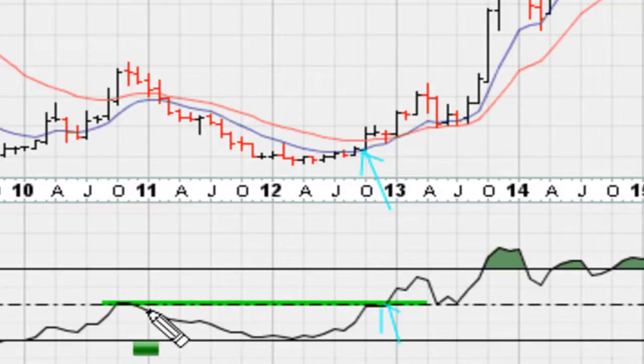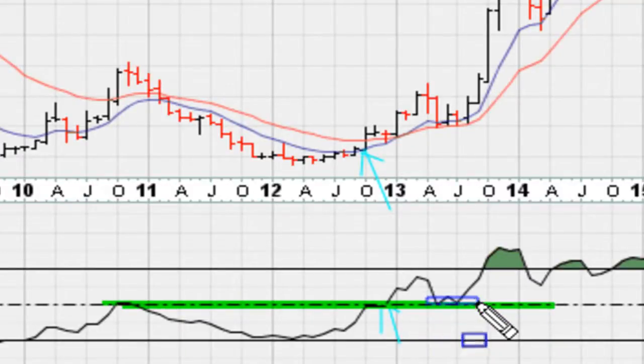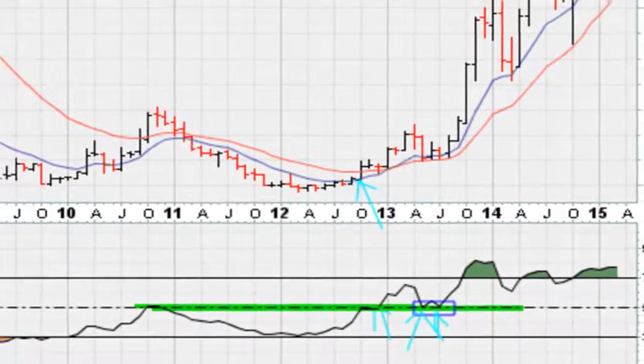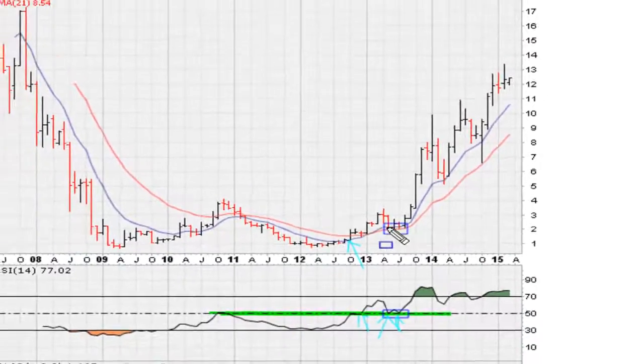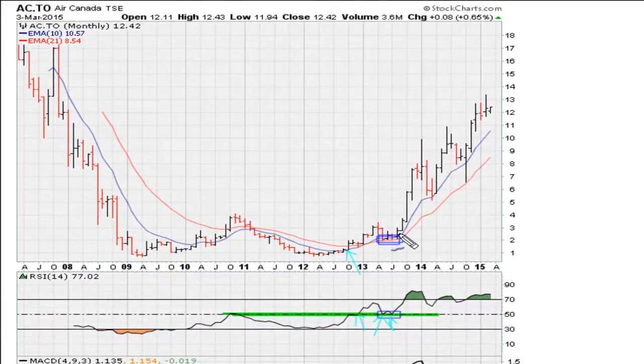But if we extend that green line, we can see that even down the road, the market came and held that 50 level, and also on the green line with a double bottom there. So the same line held as support, which corresponds to these lows here at $2. Since then, we've seen a very nice spike in the stock.